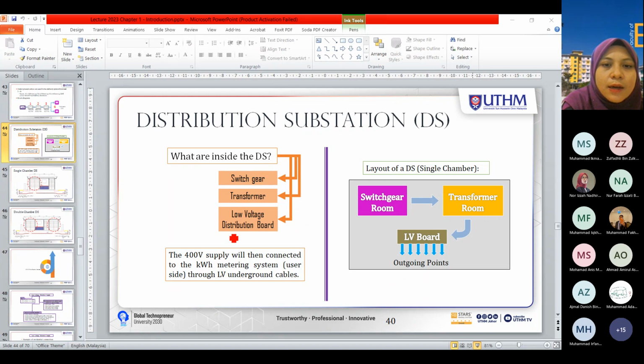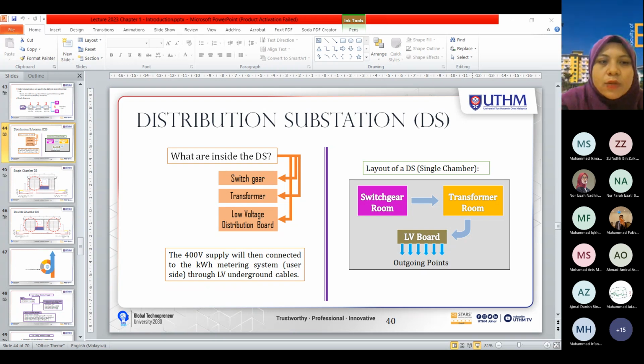Nanti dia akan bagi-bagi kepada kawasan-kawasan tertentu dekat bahagian end customer. So ini adalah tiga item penting yang ada di dalam distribution substation, which are the switchgear, transformer and also LVDB.